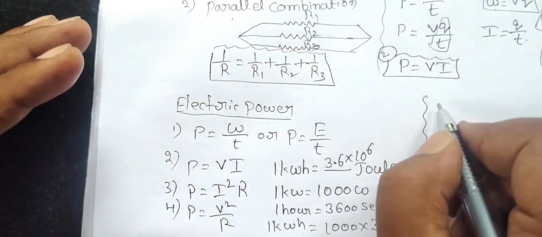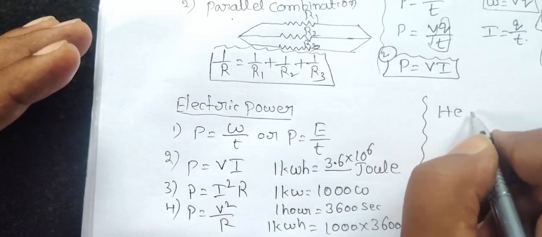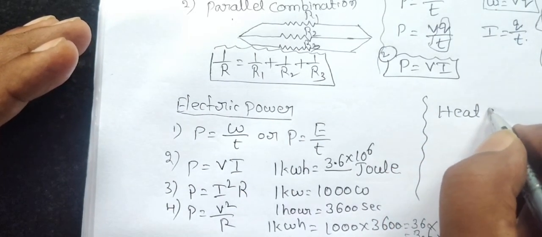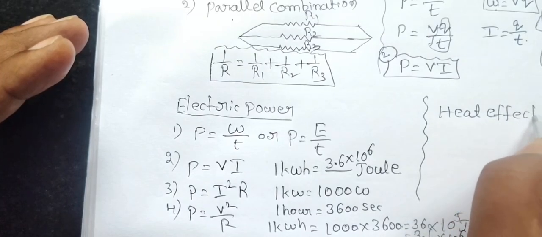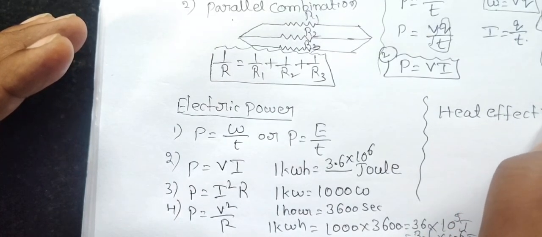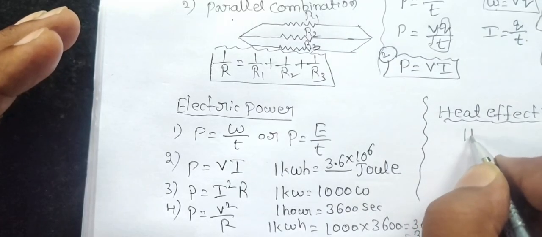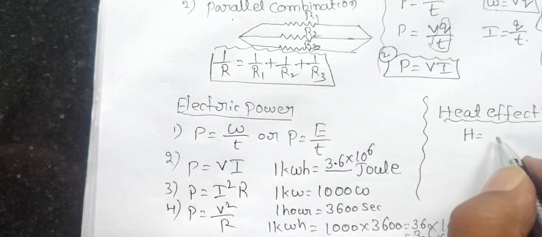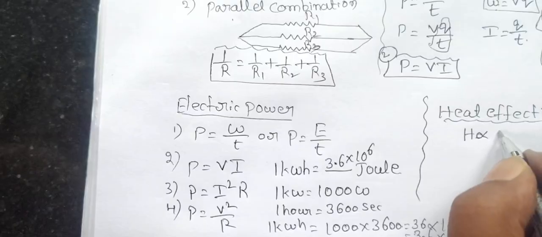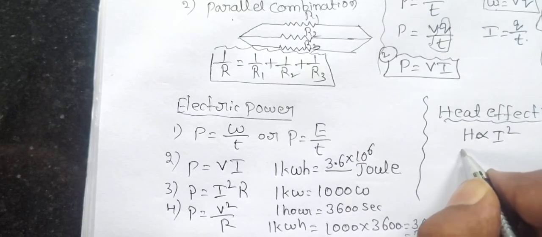Next very important thing is the last one, heating effect of electric current. Here H is directly proportional to I square.